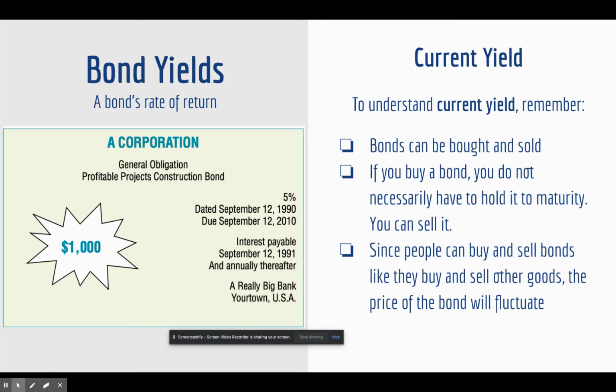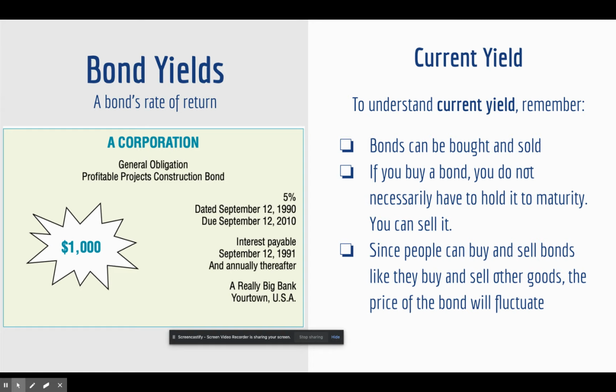So to understand current yield, we have our coupon yield, which is our first method for analyzing bonds. Now we're going to take a look at our current yield. Again, remember, bonds can be bought and sold. You do not have to buy a bond and hold on to it for its entirety. You can buy it and sell it the next day, the next month, the next year, 5, 10, 20 years.